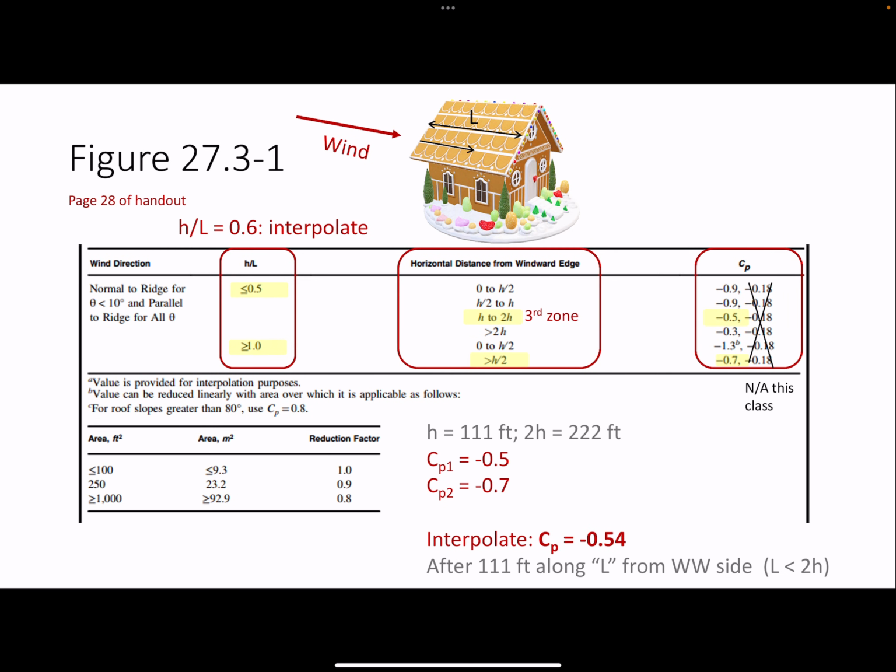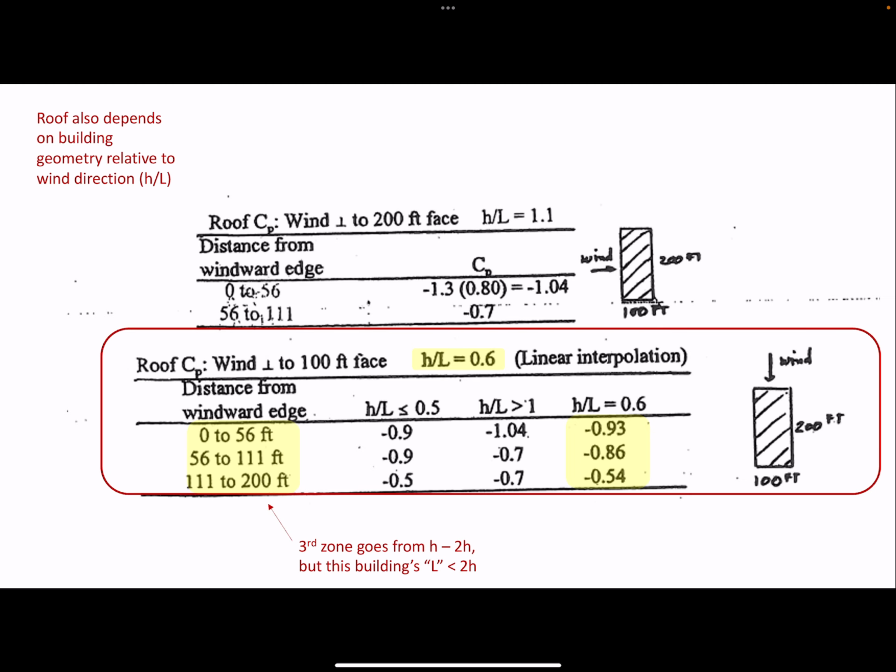So there's not going to be any fourth zone because the building ends before 2H, right? So 2H is what, 222? And the building's only 200 feet long, right? All right, so that's how we get these values for our wind pressures on the roof for this direction.